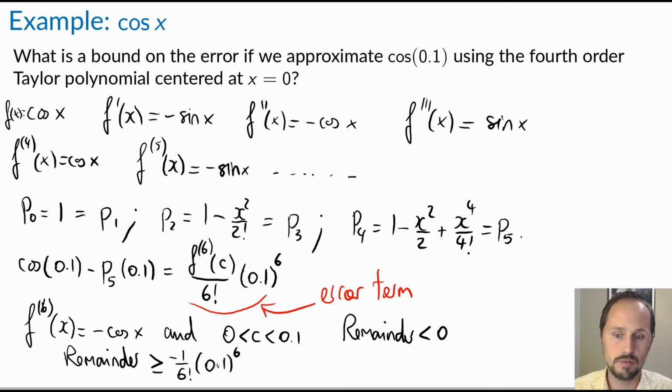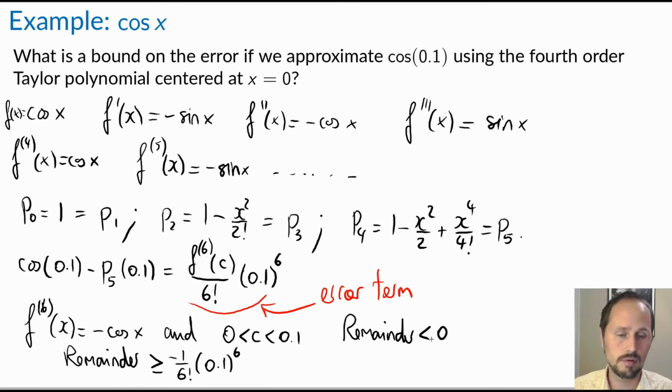So that gives us a great deal of control on the amount of error we have. This is a tiny number. That's like 10 to the minus 6 divided by a ballpark of 700-ish, maybe 720, I want to say. So that's a really, really tiny number.